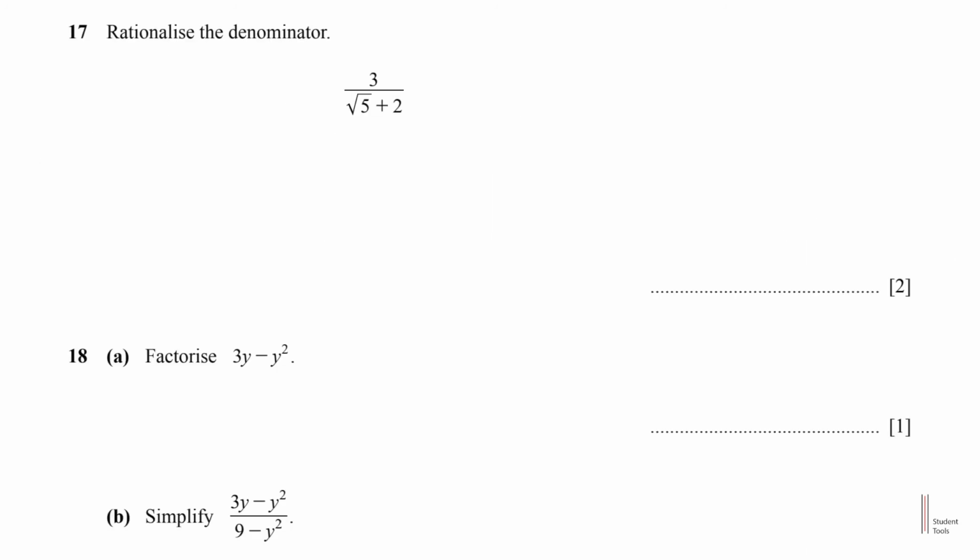Question 18a says factorize. So we are supposed to factorize 3y minus y squared. So we have this expression and we're supposed to factorize. This is actually the easiest expression to factorize. We simply have two terms and we have to find the common factor and factor it out.